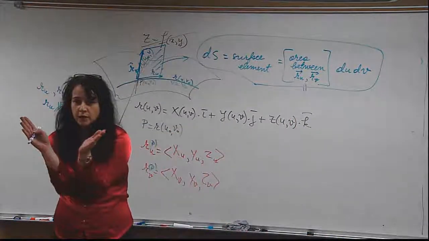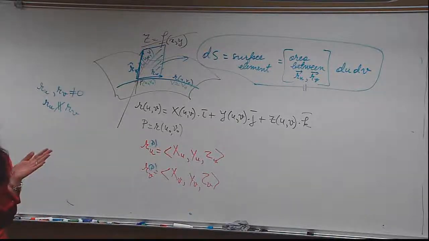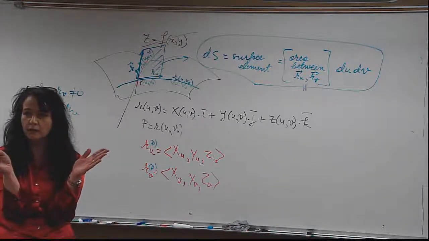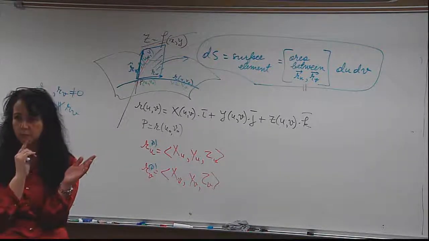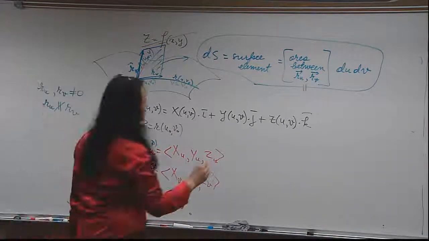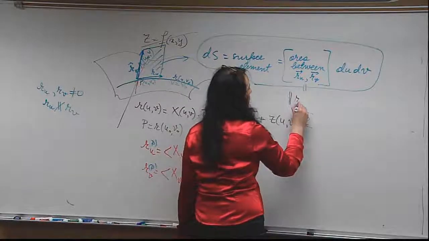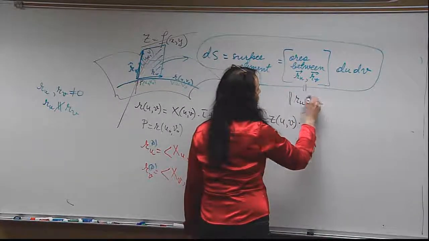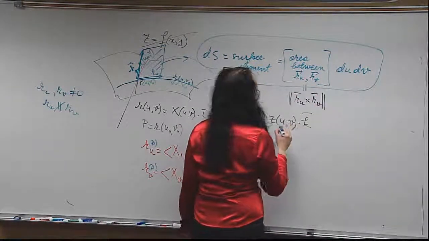When you have a vector A and a vector B that are not collinear, what was the area of the parallelogram that they form? Magnitude of the cross product. Excellent. This is exactly what I was hoping for. The magnitude of the cross product is the area element.